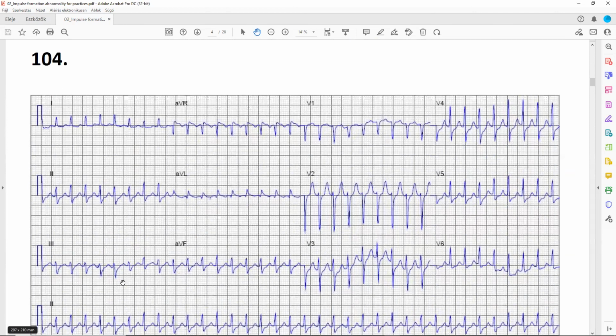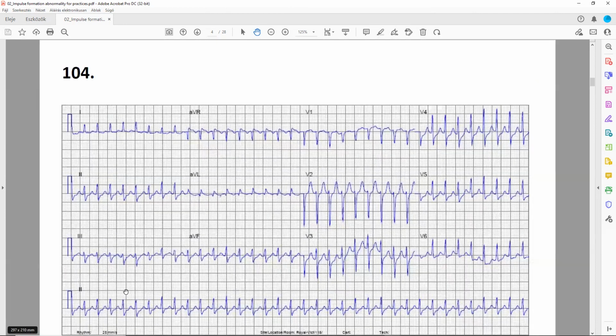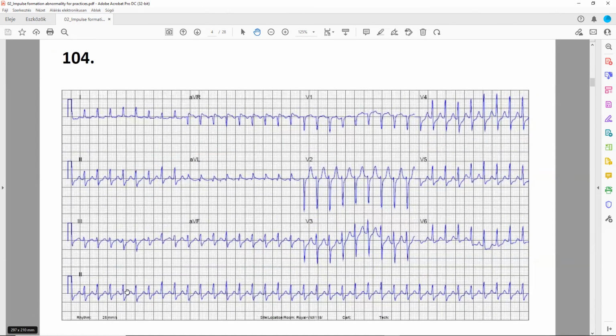Okay. Who has 104? I do. Good. So first, I think it's rhythmic. And because it's rhythmic, for the heart rate, there's about a little bit more than one block between the two, 1.5 intervals.